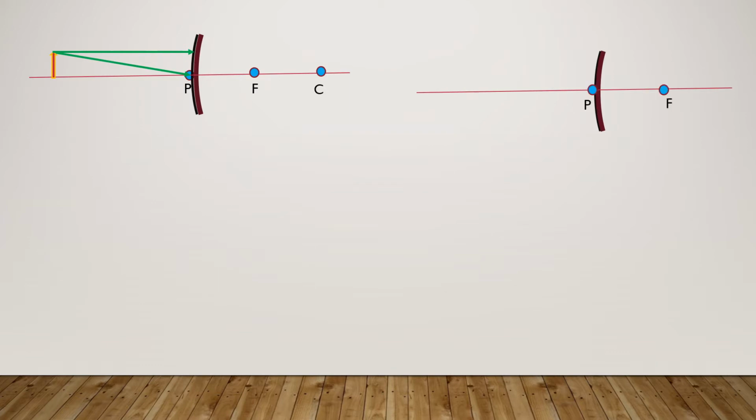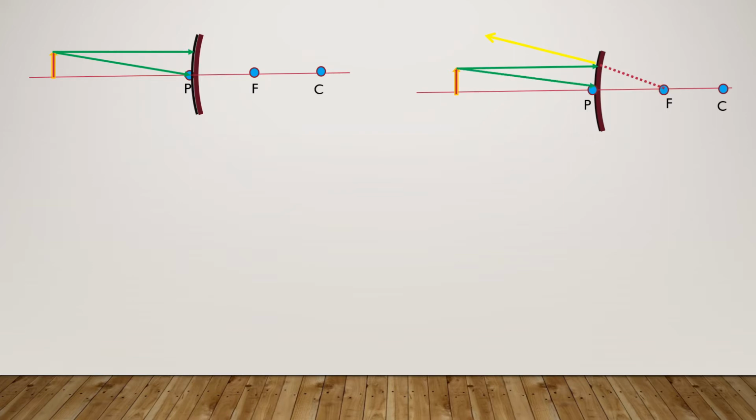Now important points: pole, focus and center of curvature, and I place the object between pole and infinity. First ray is parallel to the principal axis, so it will appear to be reflected from the focus. Let us check. Yes, now this is a reflected ray. Let us trace it back, and it appears to be coming from the focus.